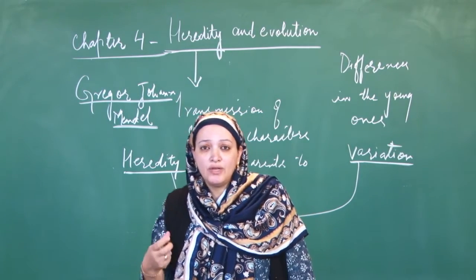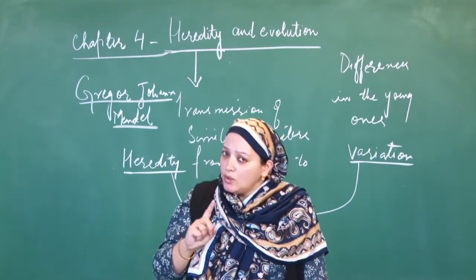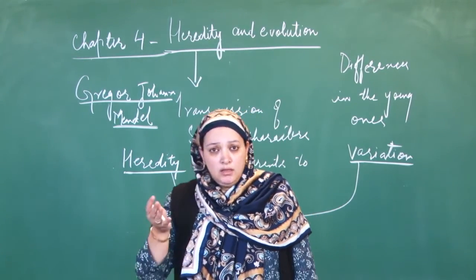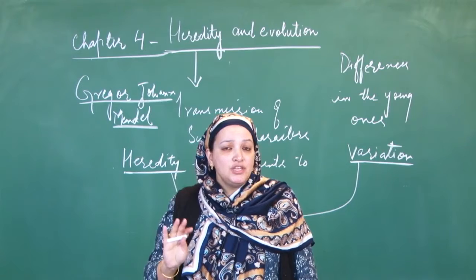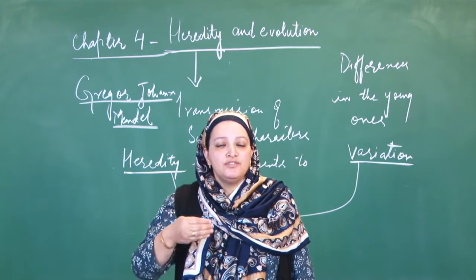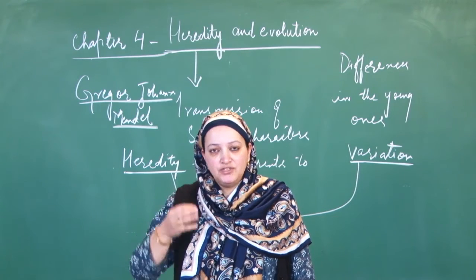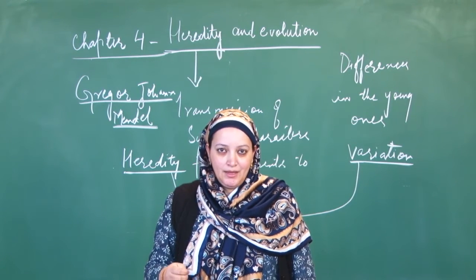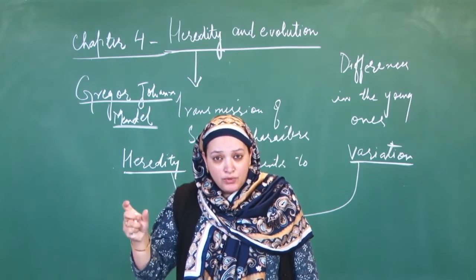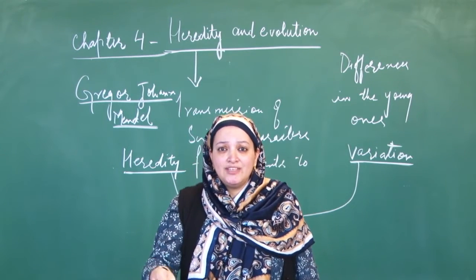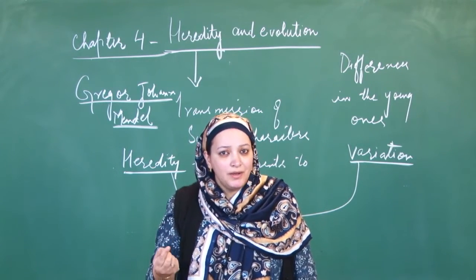But if we talk about asexual reproduction, only one parent is involved. The variation is there, but that variation is not visible within one generation. It gets accumulated within several generations. So how can variation take place in asexual reproduction, where only one parent is involved?